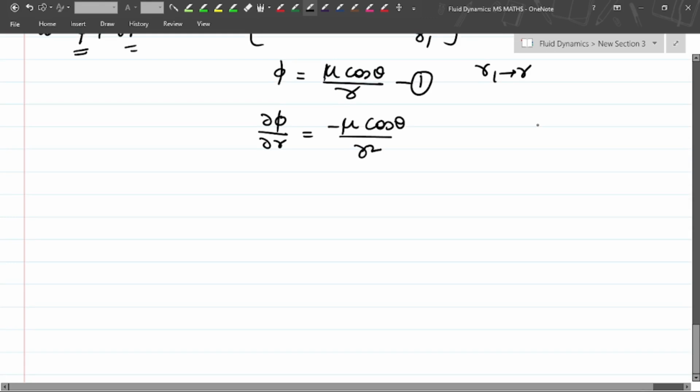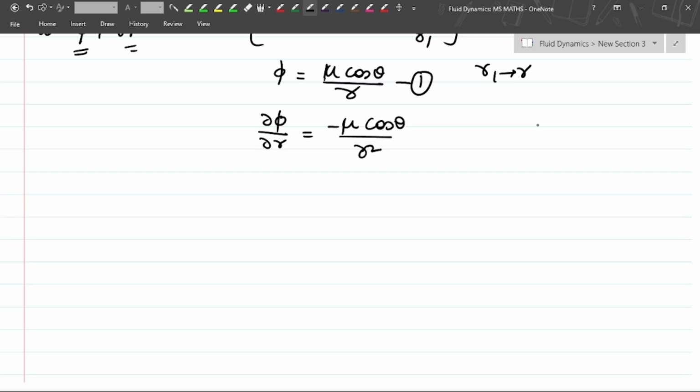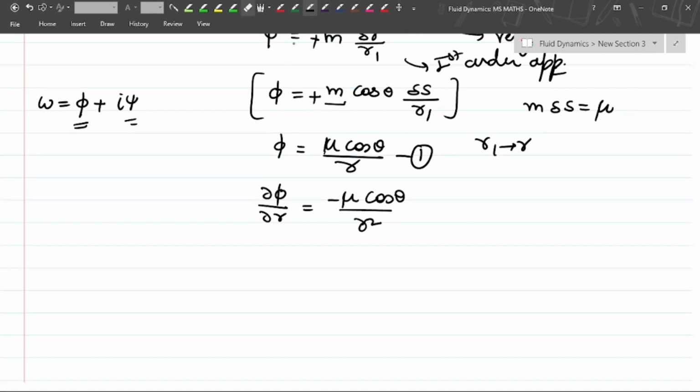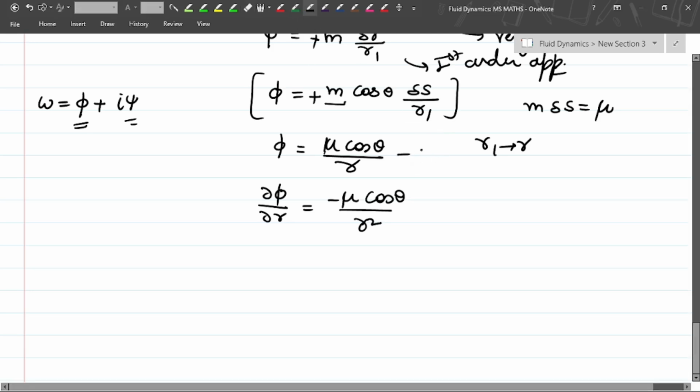So it is R1 and R2 here. Then dou phi by dou r is minus mu cos of theta by r1. If it is minus, then it should be plus here. So just consider this is my equation number 1. Now, earlier we have seen that dou phi by dou r is equal to 1 upon r dou psi by dou theta, because we want to find the psi here.